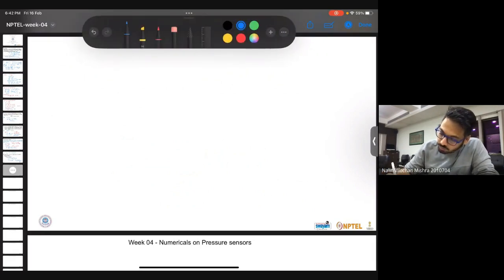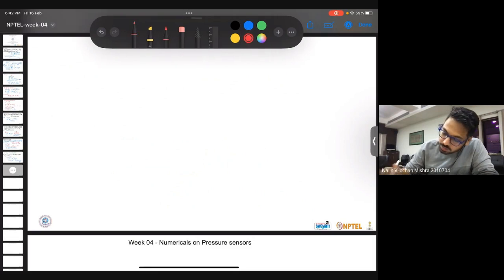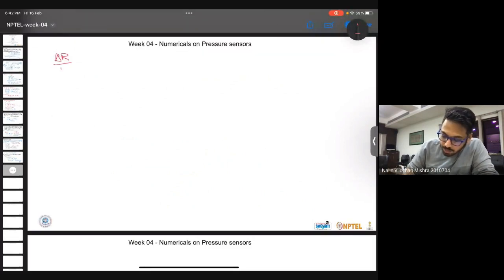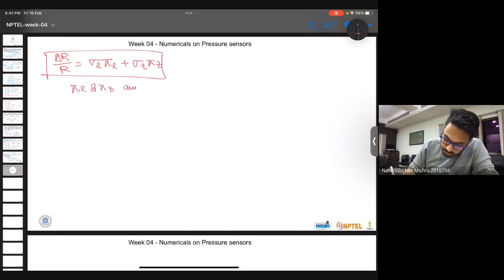There is another formula for change in R by R, which is given as sigma L pi L plus sigma T pi T, where these pi L and pi T are the longitudinal and transverse piezoresistive coefficients.